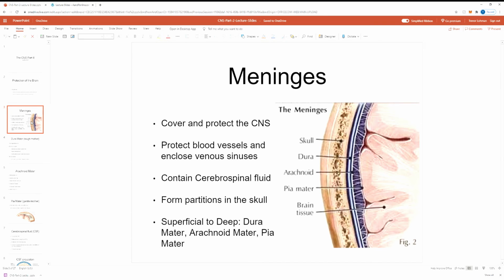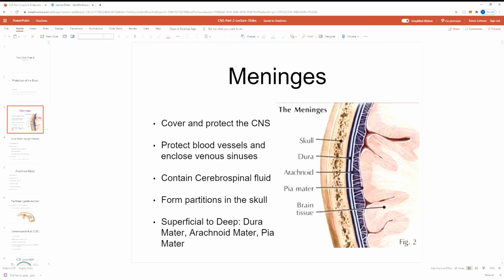You'll find, for example, the falx cerebri divides the hemispheres of the cerebrum. The falx cerebelli divides the hemispheres of the cerebellum, and the tentorium cerebelli divides the cerebral hemispheres from the cerebellum. So they form these little partitions, and it just helps anchor the brain, keep it from moving around too much.